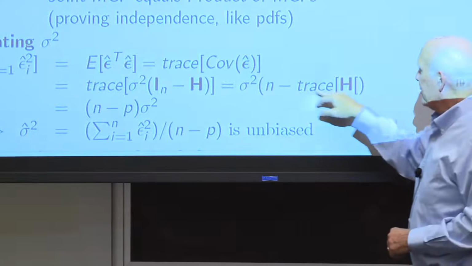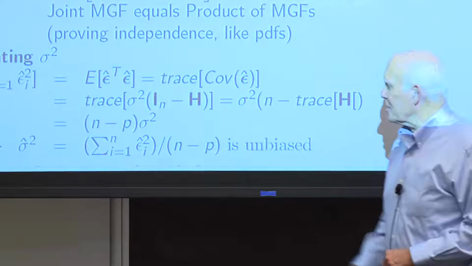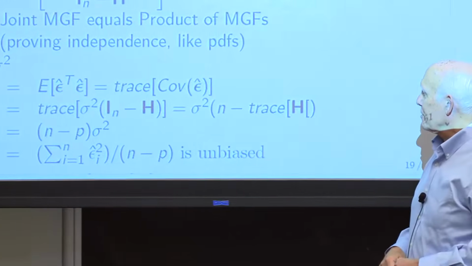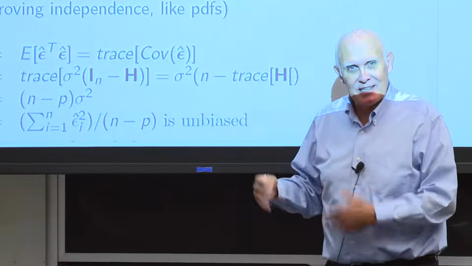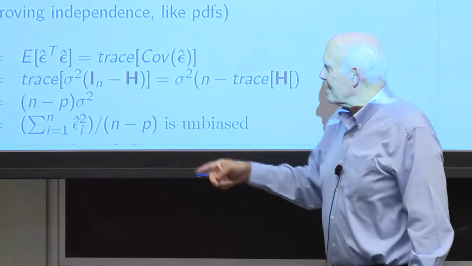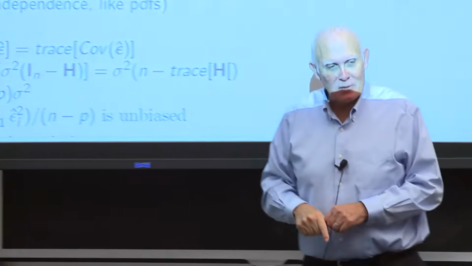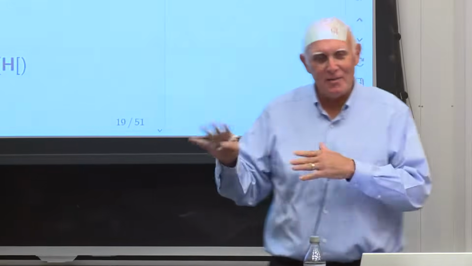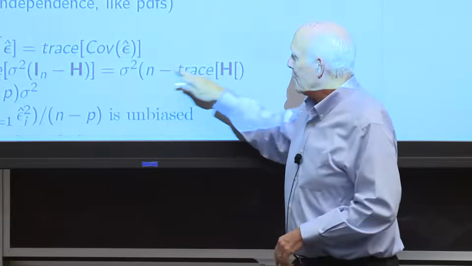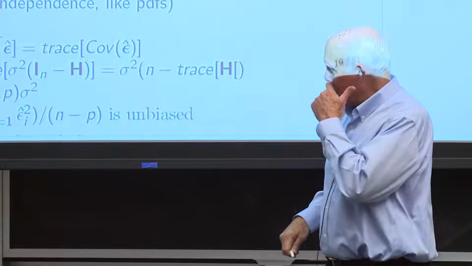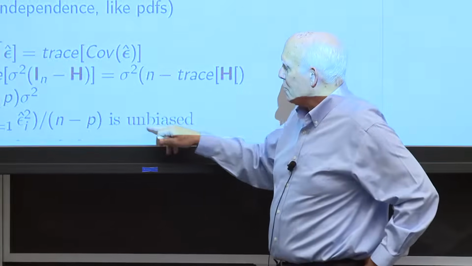And that's equal to the trace of this projection matrix I_n minus H. The trace of a sum is the sum of the traces, and the trace of a matrix product is also the trace of the product with terms reversed. So this gives us sigma squared times (n minus trace of H), and we get (n minus p) sigma squared for the expected value of the sum of squared residuals.